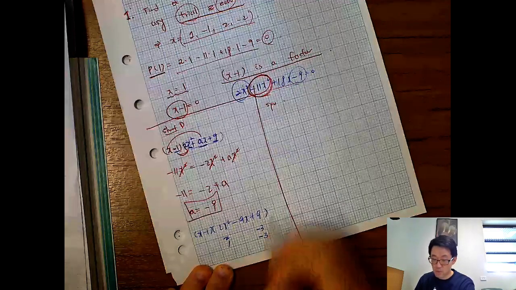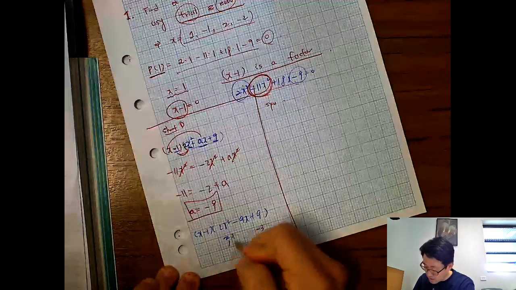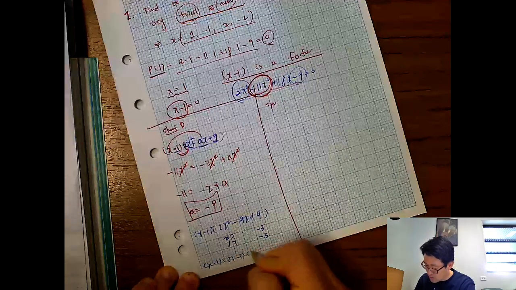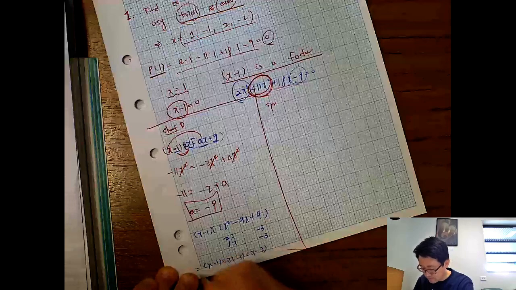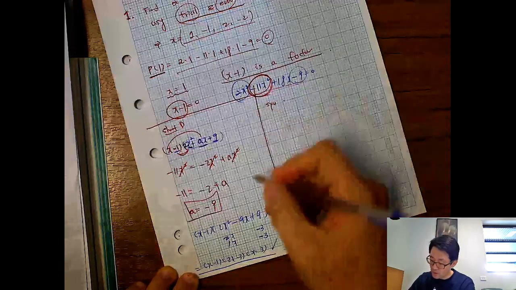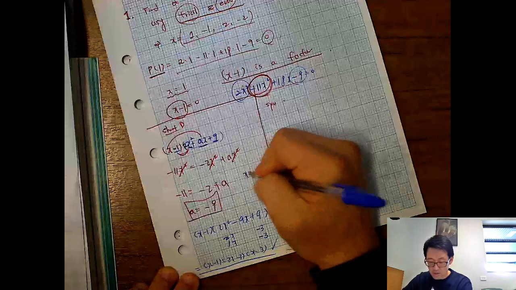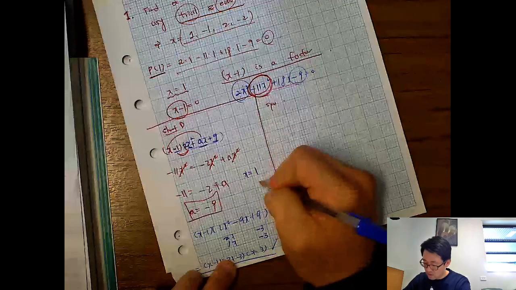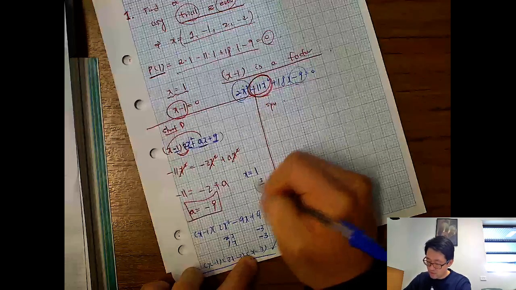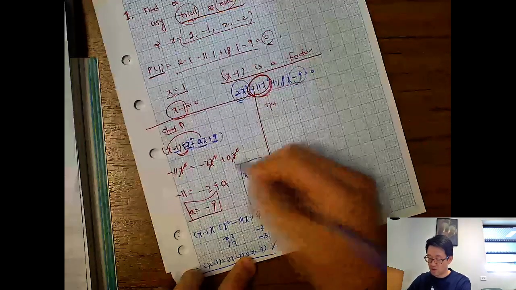Negative times negative is positive. So I can have x minus 1, 2x minus 3, x minus 3. Done it. Therefore, solving it, x equals 1, 3 over 2, and 3. When you solve it, I'll just write that down.